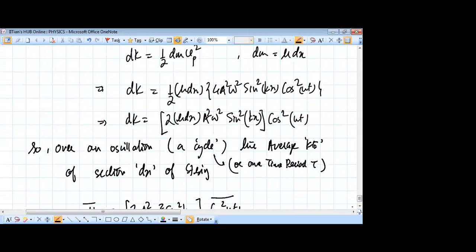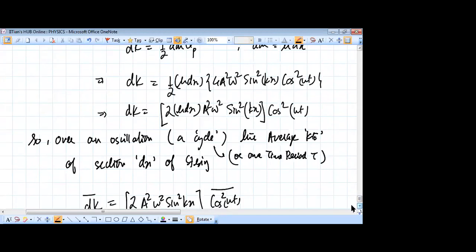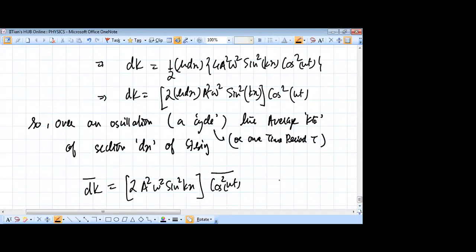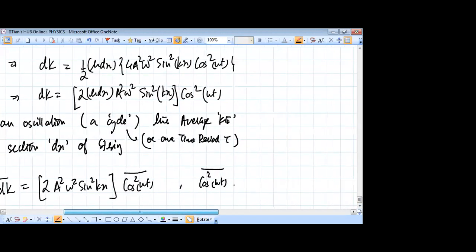Now we have already seen many times that sine square and cos square functions averaged over a cycle is half. So this thing averaged over a cycle is nothing but the integration of cos square omega t dt from t equal to 0 to t equal to capital T, whole thing divided by capital T. So we don't need to get into this integration again.